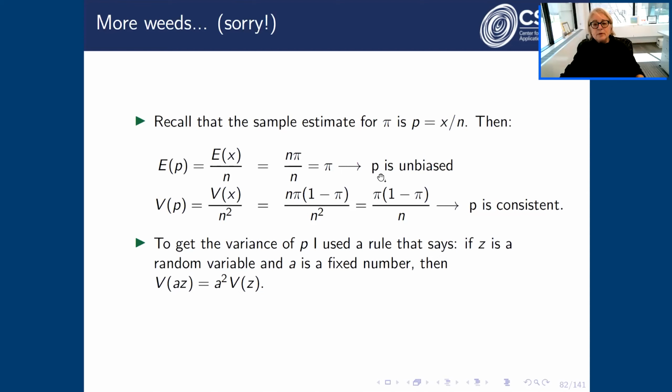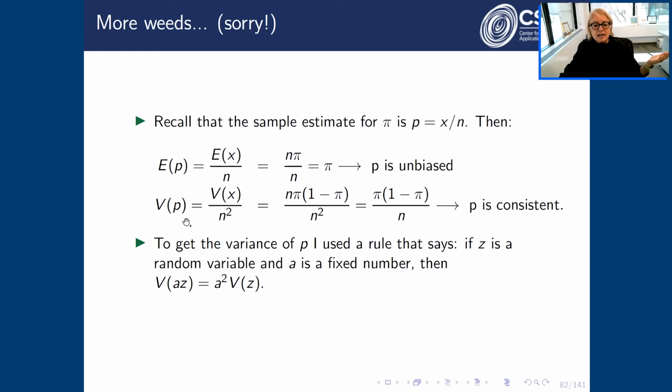The other nice property that this point estimator has is consistency. What does consistency mean? Essentially it means that as my sample size increases, my P gets closer and closer to the true pi.